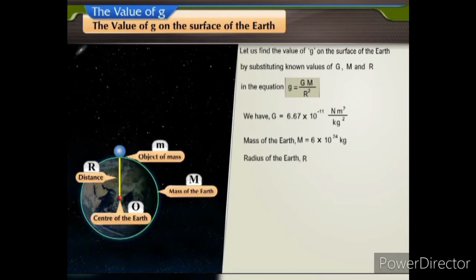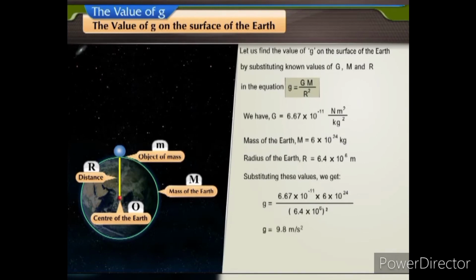Radius of the earth, R, is equal to 6.4 into 10 raised to 6 meter. Substituting these values, we get g is equal to 6.67 into 10 raised to minus 11 into 6 into 10 raised to 24 upon 6.4 into 10 raised to 6 on the whole square. g is equal to 9.8 meter per second square.